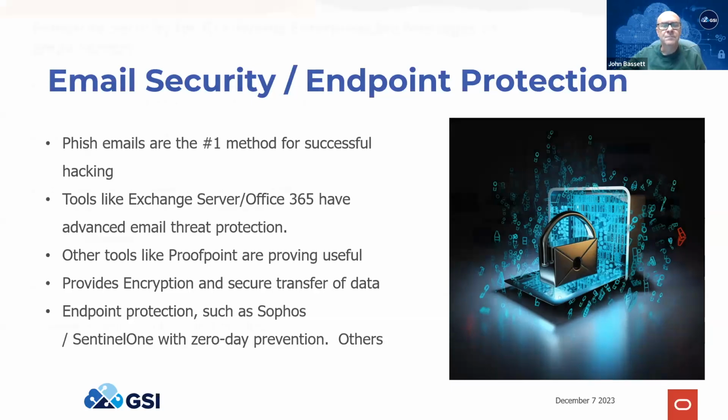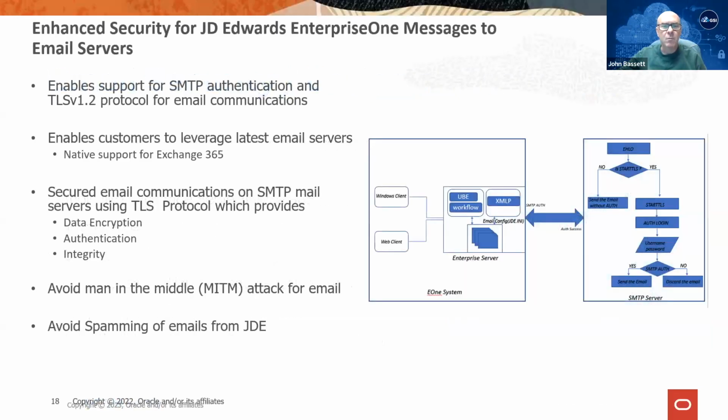Next slide. So now within JD Edwards, recently Oracle has added a very big feature to this, and that is using secured SMTP. So basically what that is for things like workflow type emails.